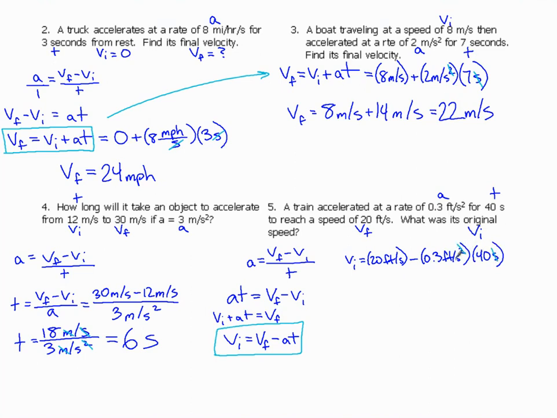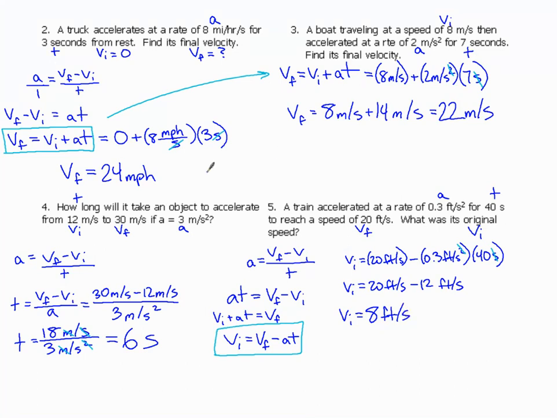We're going to be left with feet per second. So we have initial velocity equals 20 feet per second minus 12 feet per second. Finish it up, and initial velocity of this train is 8 feet per second.